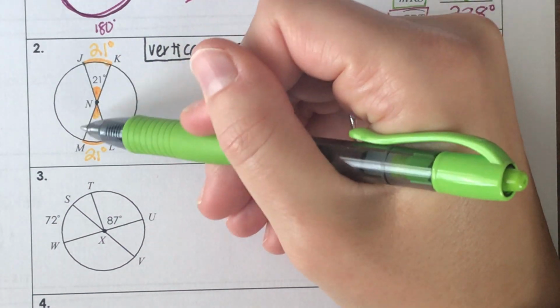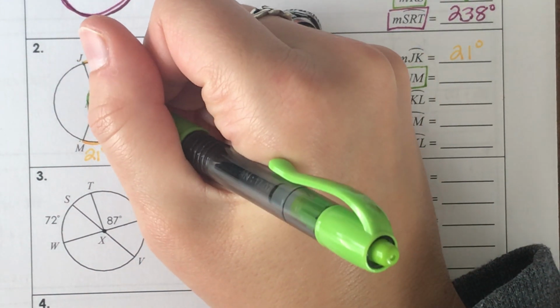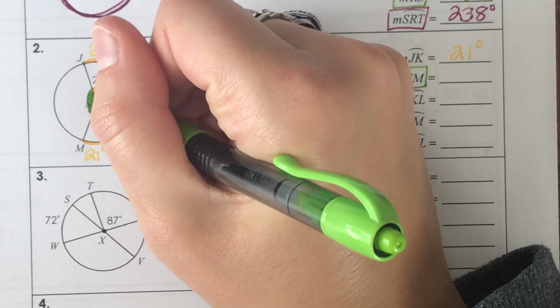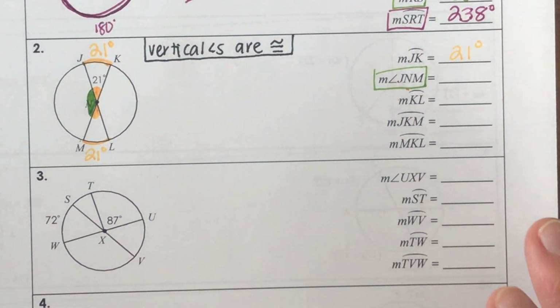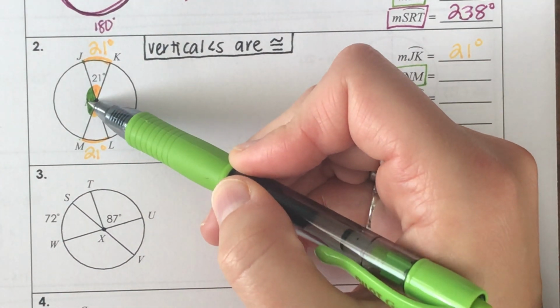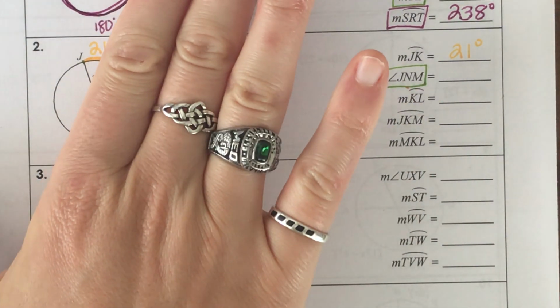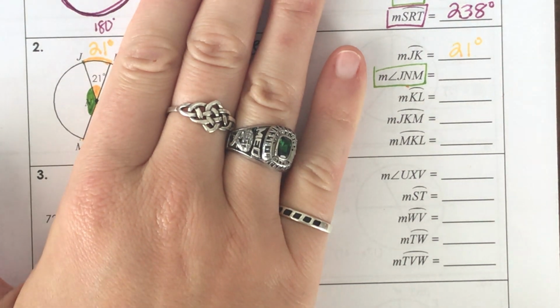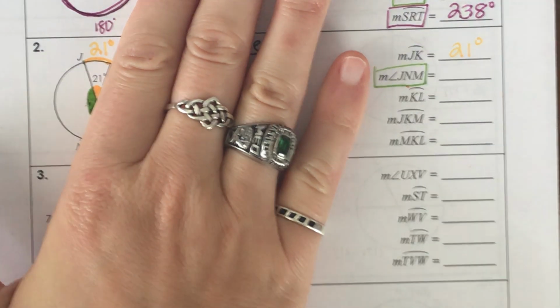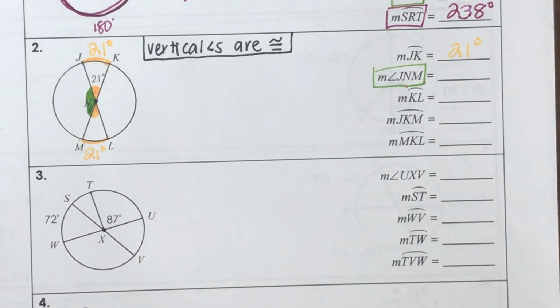JNM. So I want to know what this piece right here in green is. Well, I know that if I put this green piece together with this yellow piece right here, I have a diameter. So I end up making half of a circle, which is a semicircle, which is 180 degrees.